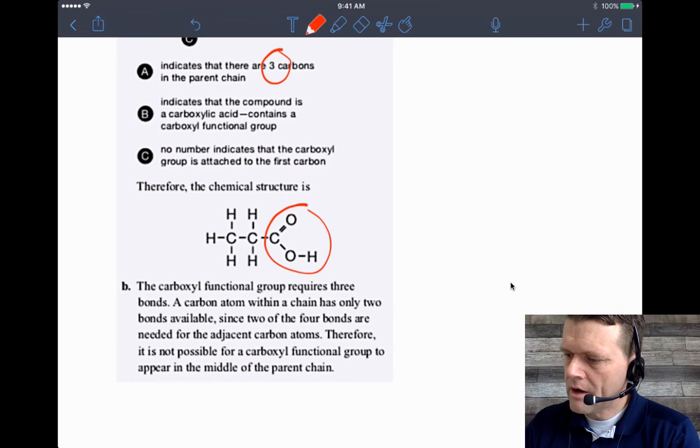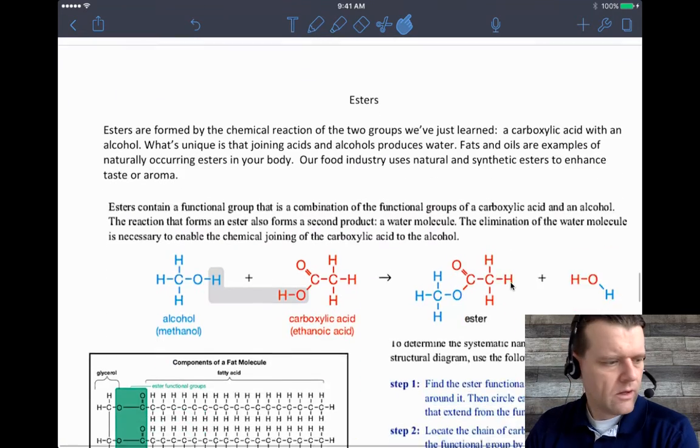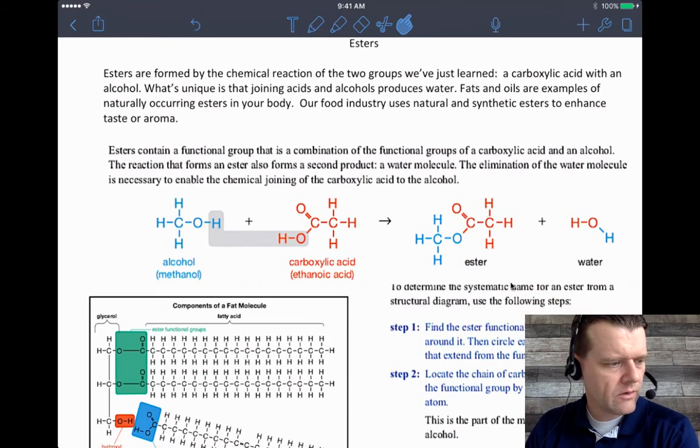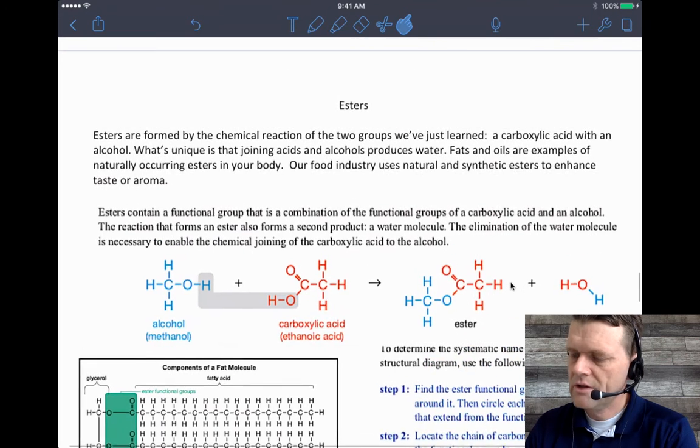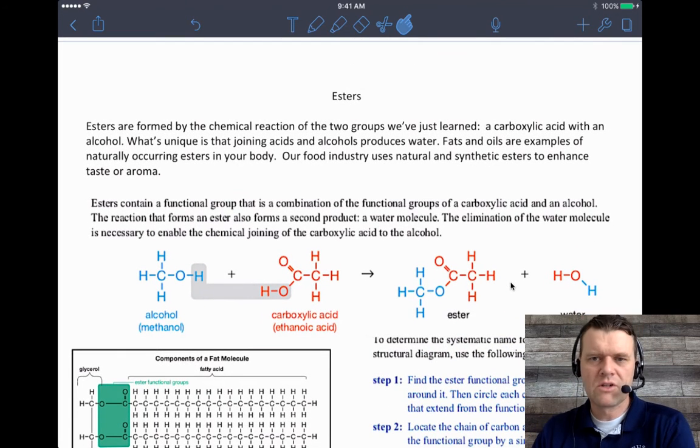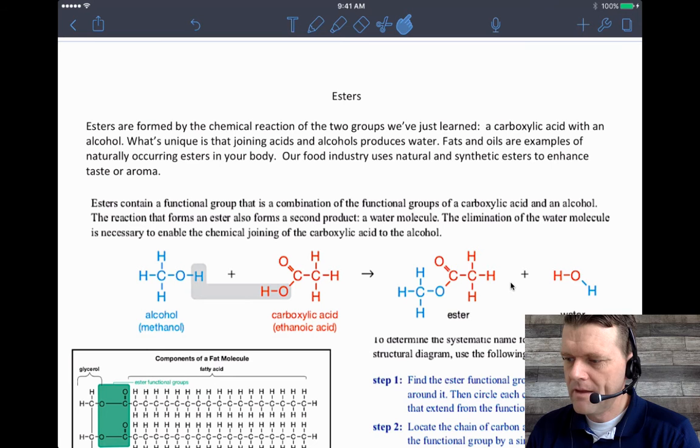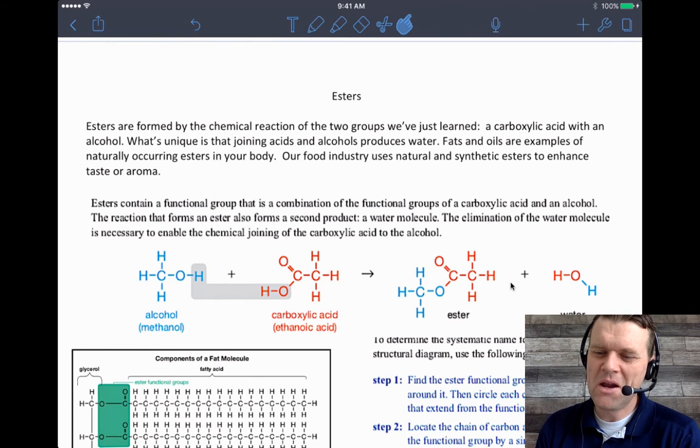So let's carry on, I think we're ready to talk about esters now. Yes. So esters are the last one. These are pretty interesting because all they are is a combination of alcohols and carboxylic acids. And this is really cool because you can make a whole bunch of different compounds that have an odor.